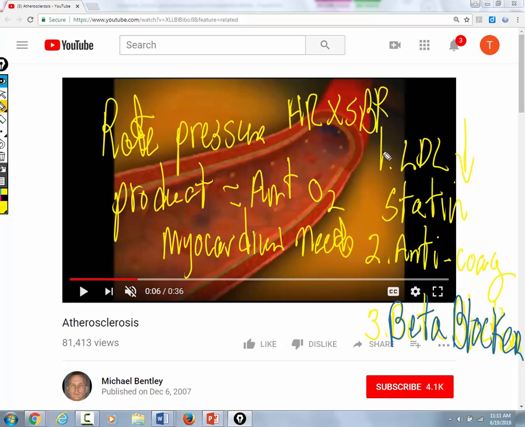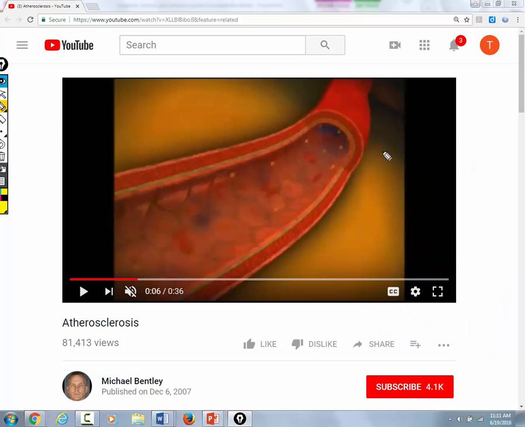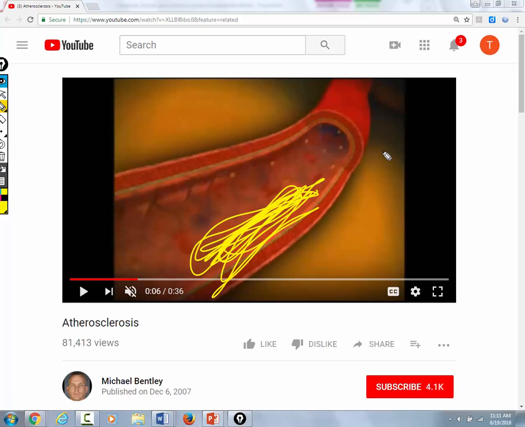Are you following this? So if you have blockages in your coronary arteries, right? You got cholesterol blocking your coronary artery. Do you want that part of the heart demanding a lot of blood flow? No. So you give them, you better write this down, beta blockers, because beta blockers block beta.